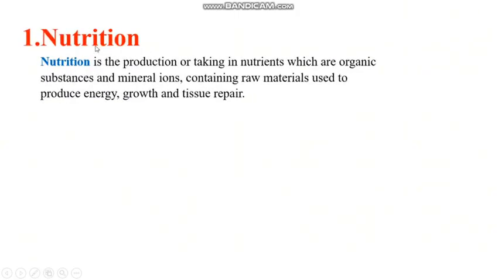Let us now look at the first characteristic of living organisms, which is nutrition. Nutrition is defined as the process of obtaining what? Food. Or we can say nutrition is the taking in of nutrients, which are organic substances and mineral ions containing raw materials used to produce what?